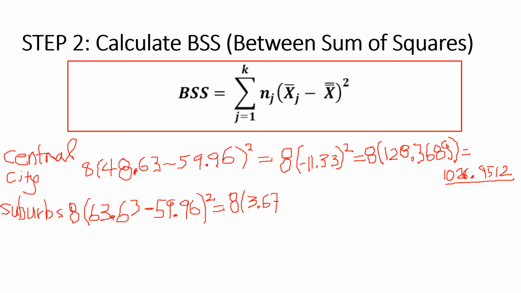But first we have to square 3.67. So 3.67 times itself comes out to be 13.4689. Wait, I got ahead of myself. So we have 8 first, times 13.4689.